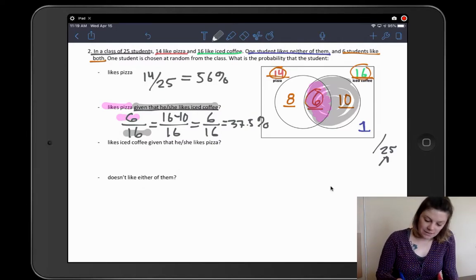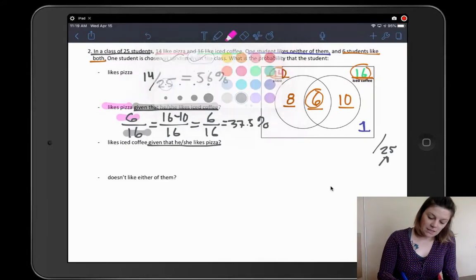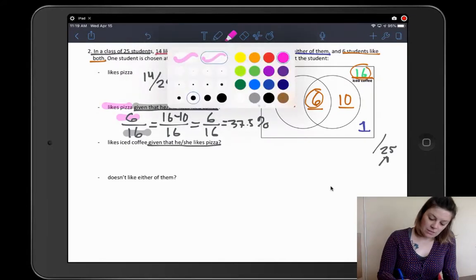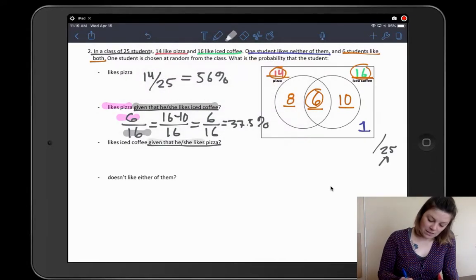Okay, so let's do another one. I'm going to erase what is here so that I can do it again. So it says, given that they like pizza, so that means we're going to highlight everything that is pizza here and ignore everything else. So that would be our denominator. And so our denominator is going to be 14.